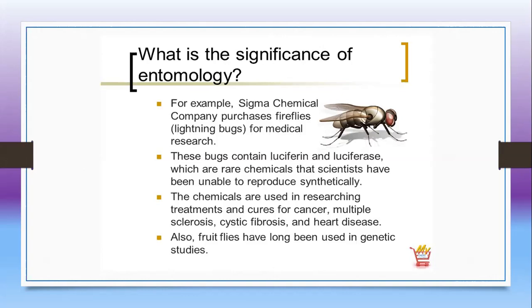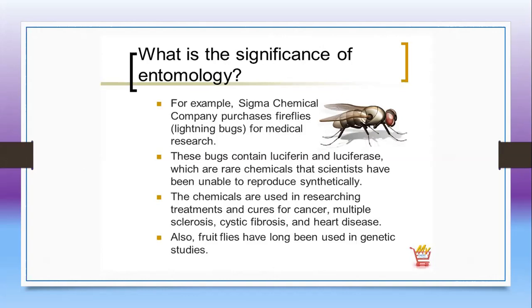they can reproduce, or they can make these insects produce large amounts of these enzymes, or maybe they can produce them in bulk amounts synthetically. Because they are not able to produce them synthetically, a lot of research is being carried out on these insects because of these chemicals.